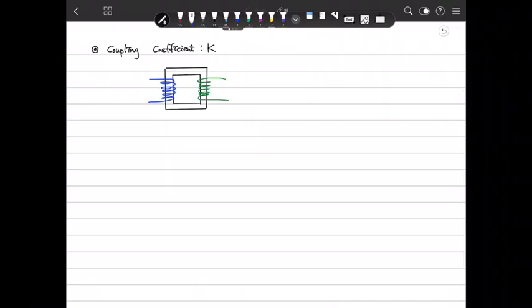Then the inductance of N1 is C1 N1 squared. In the same way, L2 is C2 N2 squared. So from here we can calculate L1 L2, C1 C2, N1 squared and N2 squared. So that is N1 N2 root C1 C2 squared.